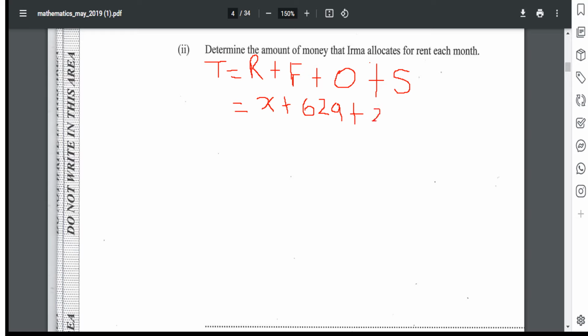All of these are from the table in the previous slide, and S for savings would have been 1,750.